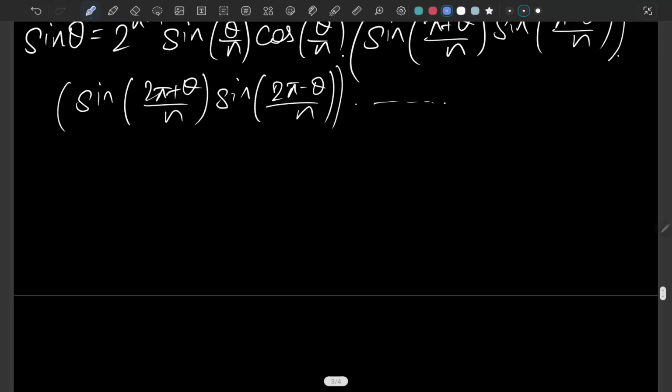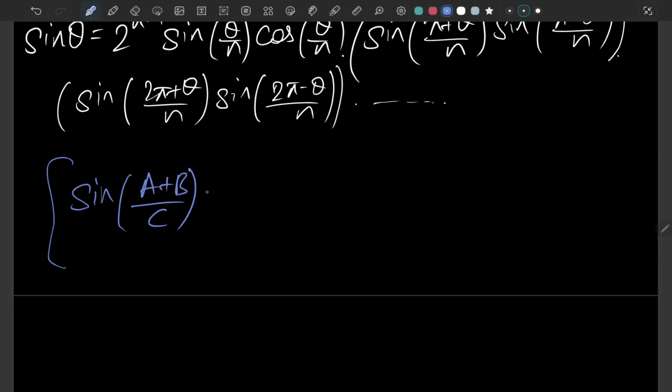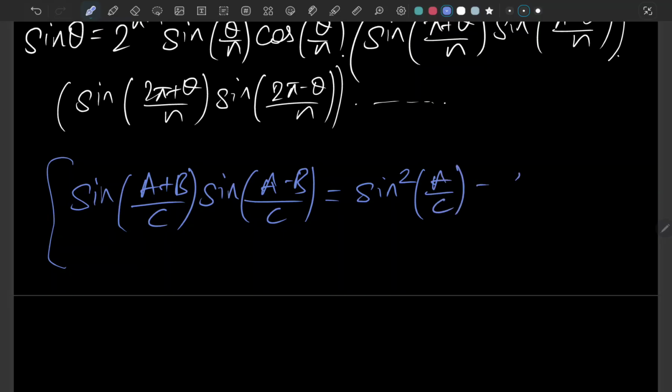So now we are going to use a property here. I haven't proven this one, so please bear with me, but if you want I can provide the proof of this one also, don't worry. It's sine of a plus b over c and sine of a minus b over c equals sine squared of a over c minus sine squared of b over c.